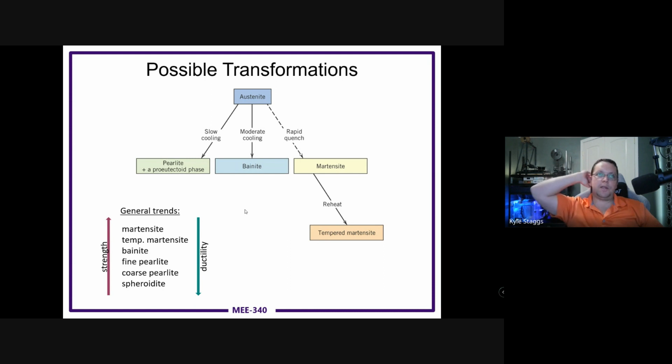So the perlite is less flexible than that alpha ferrite phase, but it's significantly more flexible than the martensite is. So the higher the hardness of the grains, the lower the ductility. And so the ductility is what's here. So the ductility is going down.